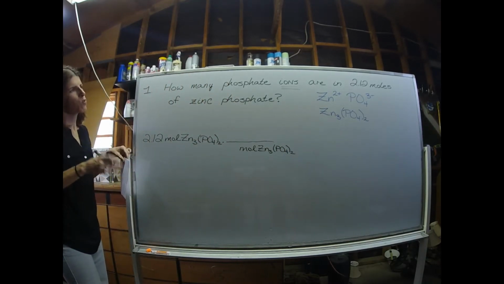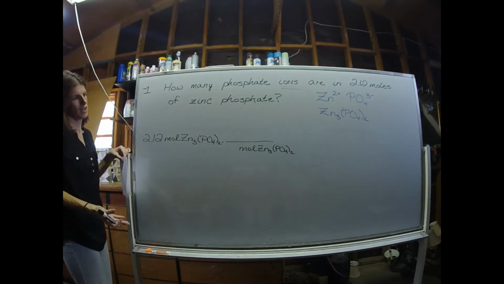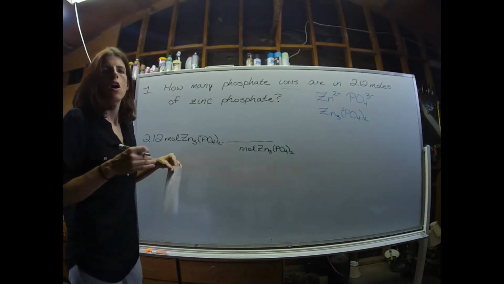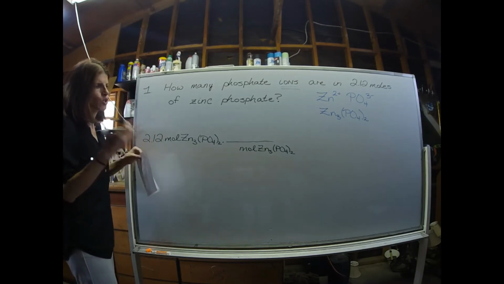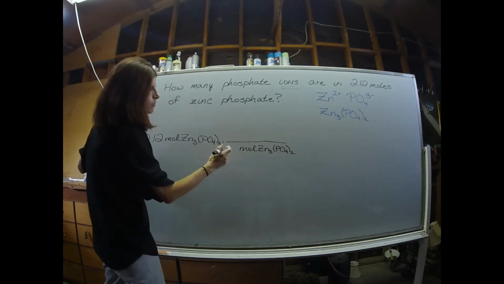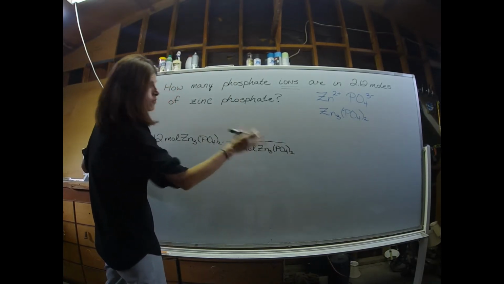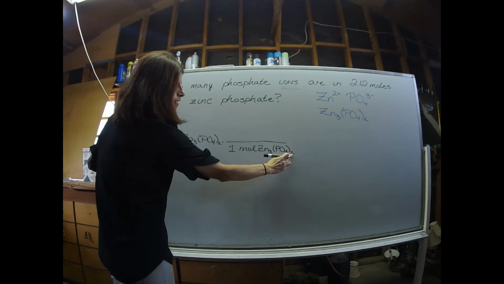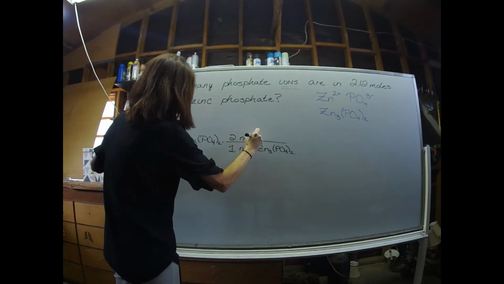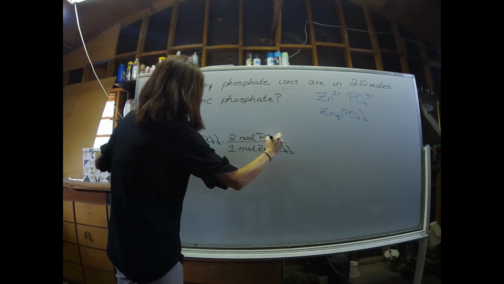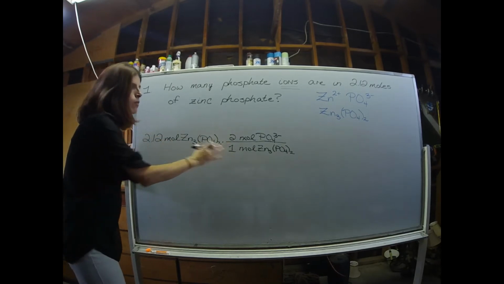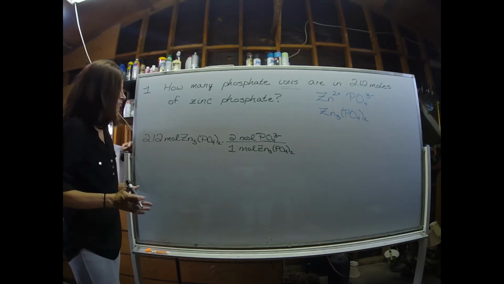And we eventually want to go to phosphate ions. And we do know that from a formula, we can establish a mole-to-mole ratio between the different things in the formula, right? So here I'm thinking 1 mole of zinc phosphate, and then we have this subscript of 2, has 2 moles of phosphate. And that conversion factor, these numbers are directly from the formula.